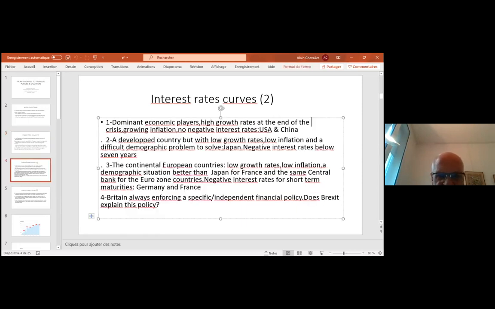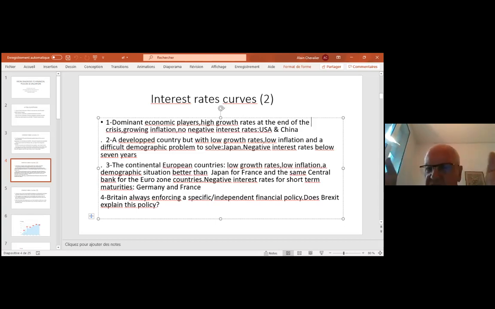Now, just to look at the case of some countries. We find different groups of countries, even if it is difficult to put them in different categories. We find dominant economic players with high growth rates at the end of the crisis, with growing inflation, but no negative interest rates.